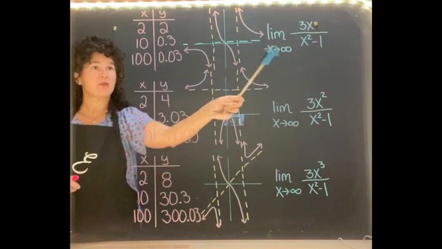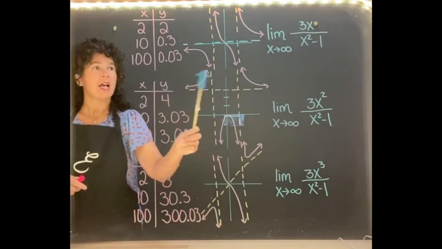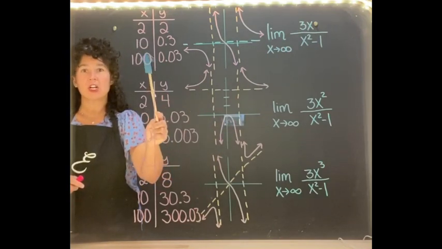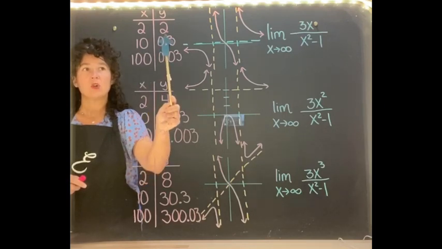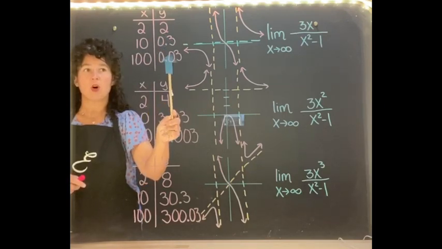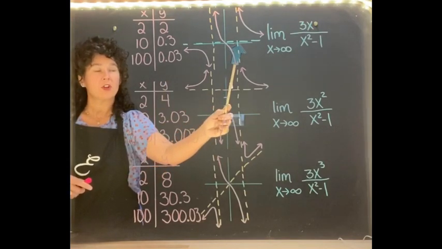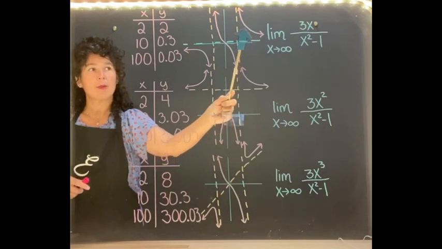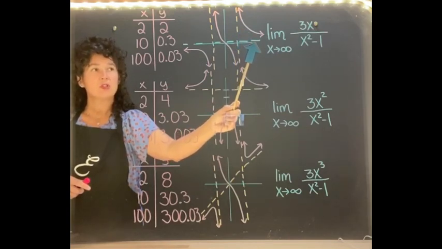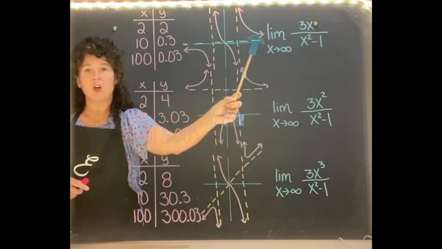We're looking for a pattern of what's happening to the answer to that y coordinate column. Let's begin with this first one. As I substituted in larger and larger x's, notice that the answers are getting smaller and smaller. Well, looking at the graph, see how as I substitute in 2, I'm at this height, and I substitute 10, I'll be even lower, and 100, I'll be even lower.